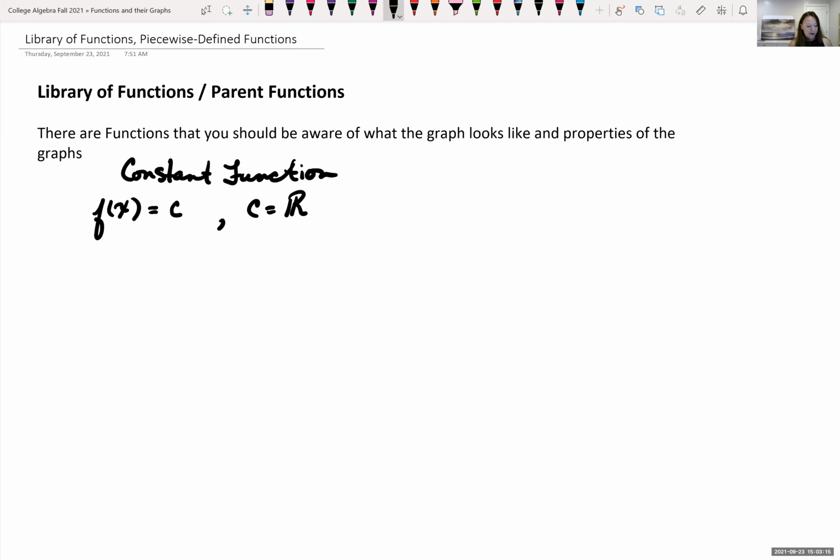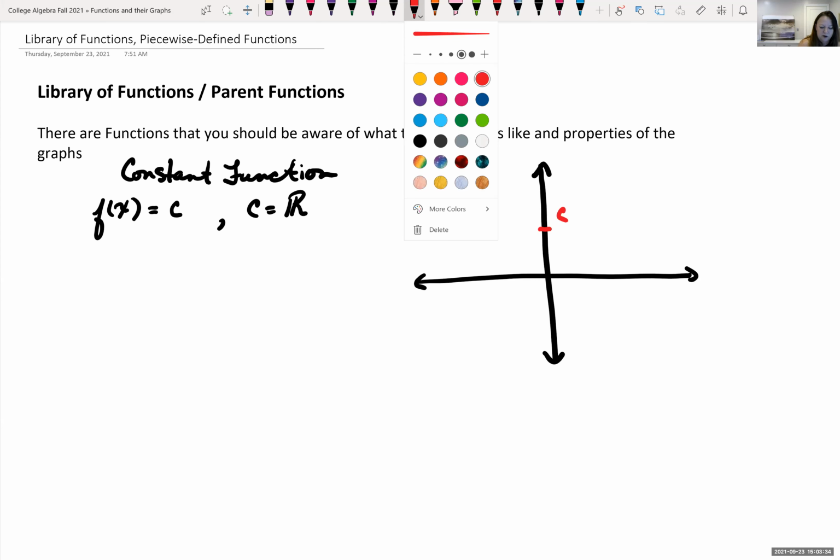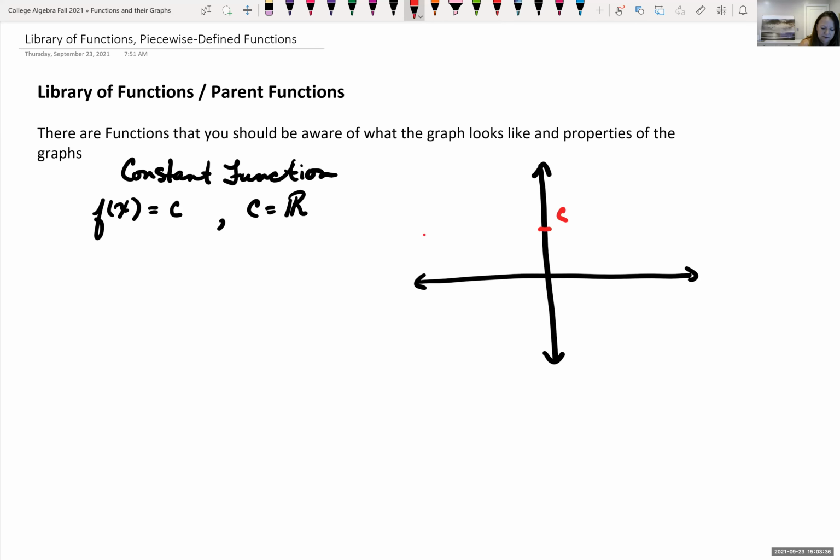You should know what f of x equals c, f of x equals a constant, looks like. Another way to say this is y equals c. We would find c on the graph, y equals c, and we would have a horizontal line that goes through that.